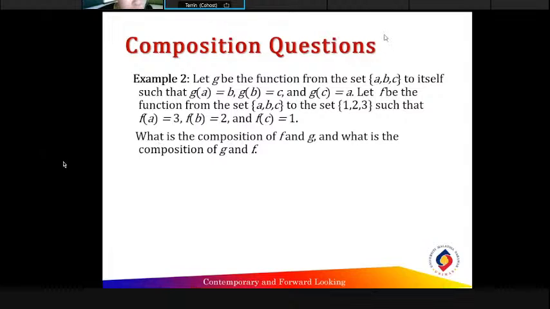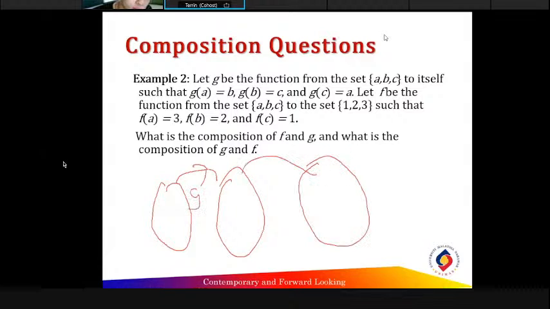What's the composition of both? So the first question is f compose g. Since it is f compose g, we first have to draw the function for it. So this has to be g first, followed by f.